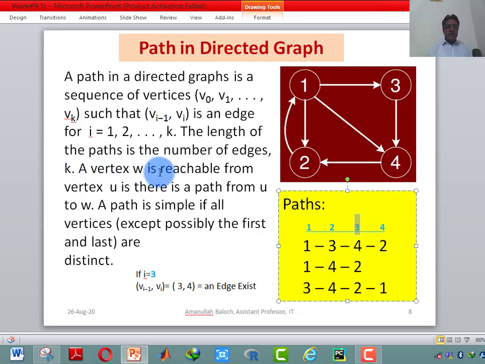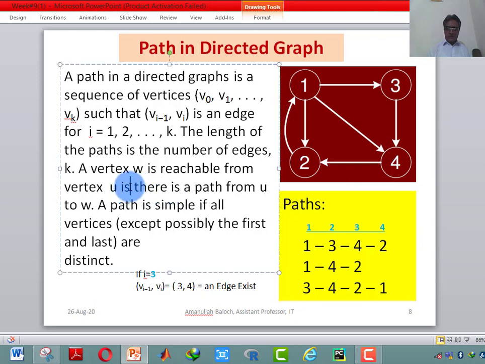A vertex W is reachable from vertex U if there exists a path from U to W. Let's suppose this is U and this is W. From U to W, we can go.